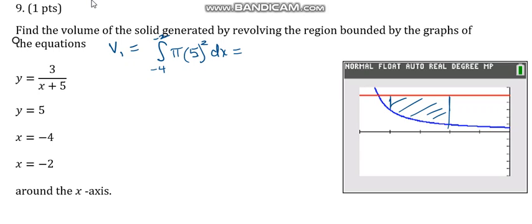Okay, and we'll just get 25 pi x, and then we're evaluating that from -4 to -2.